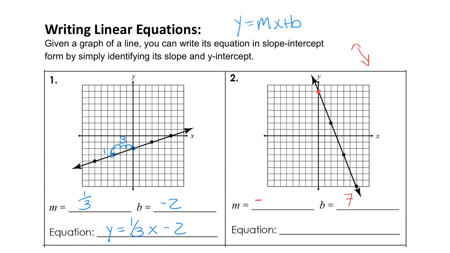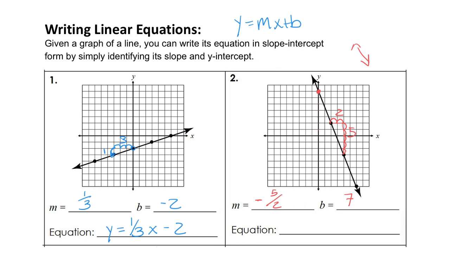Now for the measurement of slope, we're going to go ahead and create a right triangle, right? Try to count the rise and the run from there. So 1, 2, 3, 4, 5 over 1, 2. So 5 over 2.